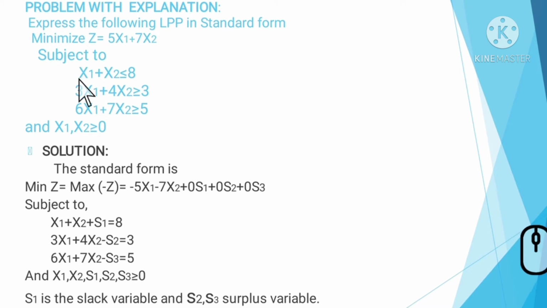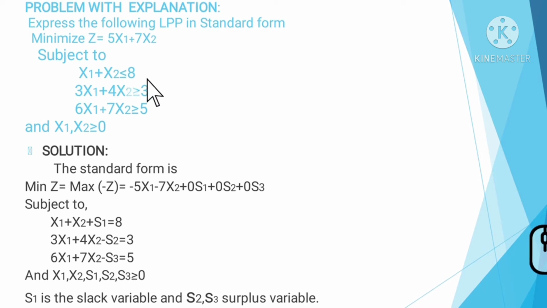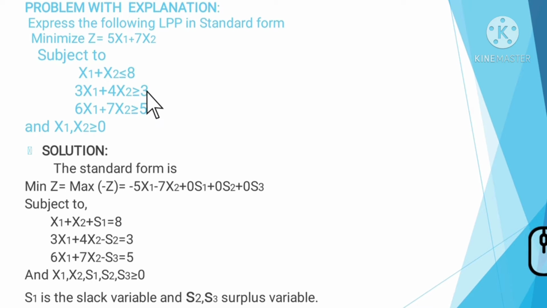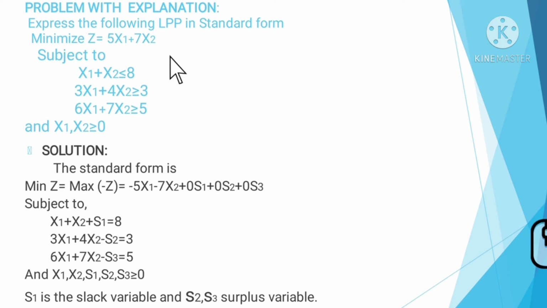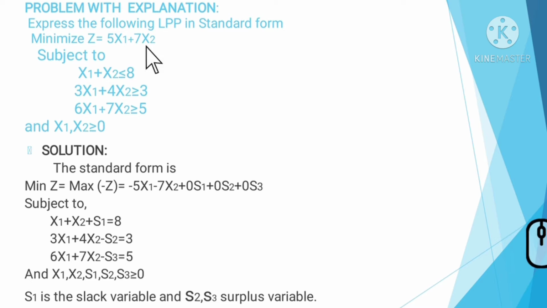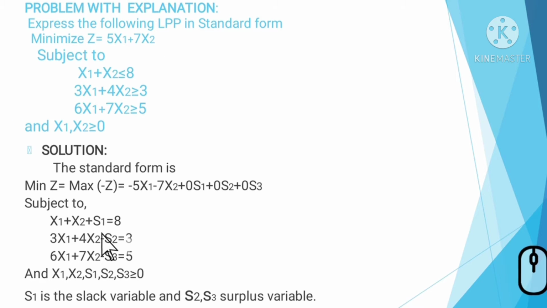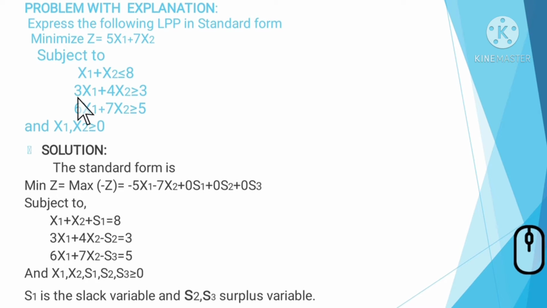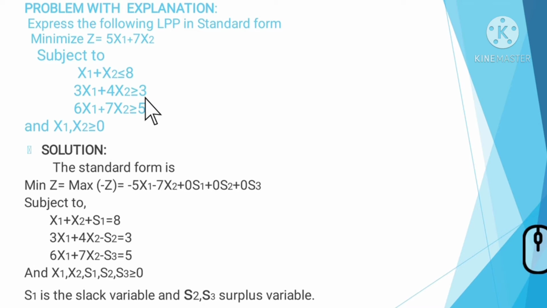So the constraint becomes a slack variable. The number of resources available is 8, but we have used fewer resources than available, so we can add the slack variable. So x1 + x2 + s1 = 8. In the second constraint, 3x1 + 4x2 is greater than or equal to 3.